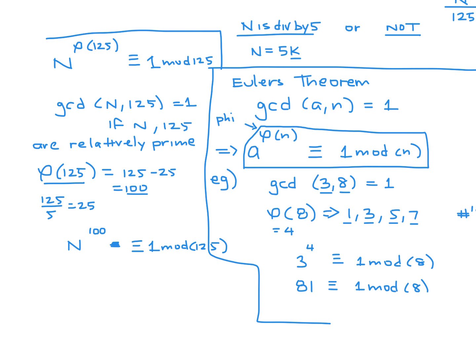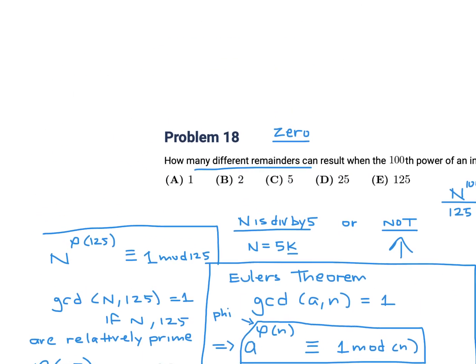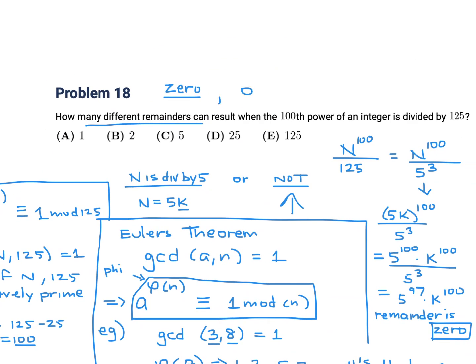So that means the remainder would be 1 when n is not divisible by 5, which was this guy right here. And that's it. Those are the only two possibilities. You either have a 0 or a 1 as the remainder. So we have two possibilities. So the answer is B.